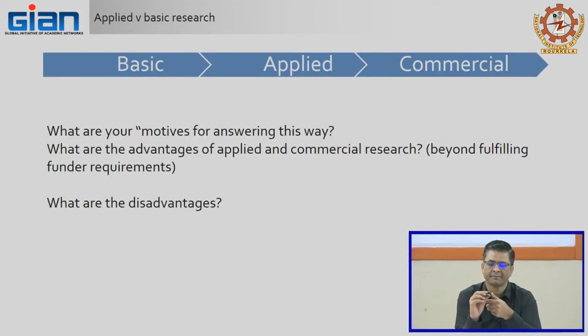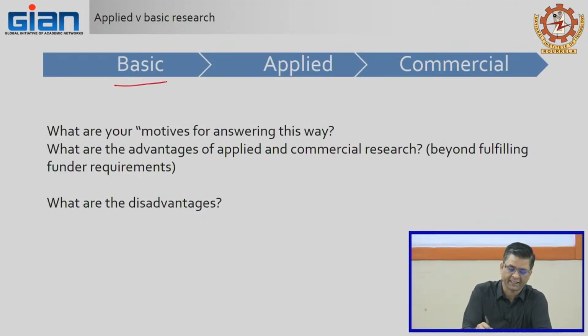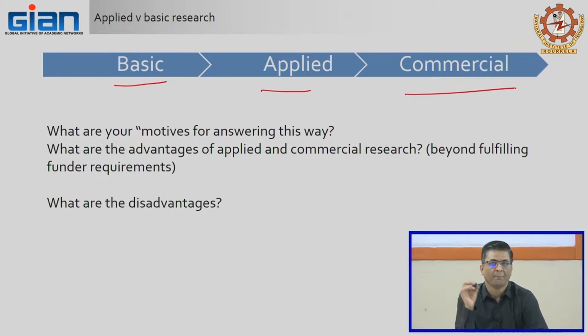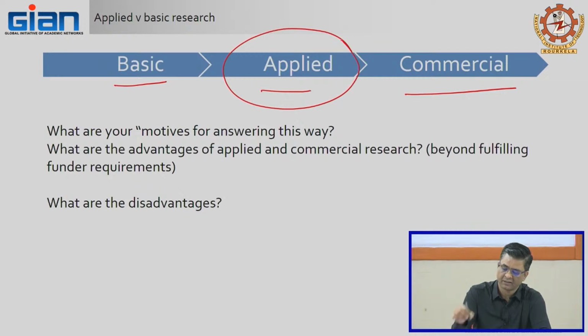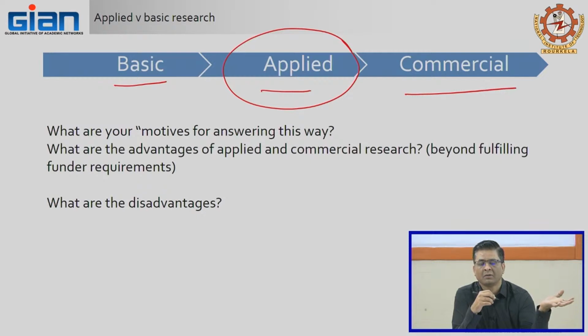Research is normally classified into three different categories: basic, applied and commercial. The majority of you in food science are in applied research. Basic research is how a butterfly flies, how a plant grows, how a plant converts CO2 and water into glucose. That is all basic research.